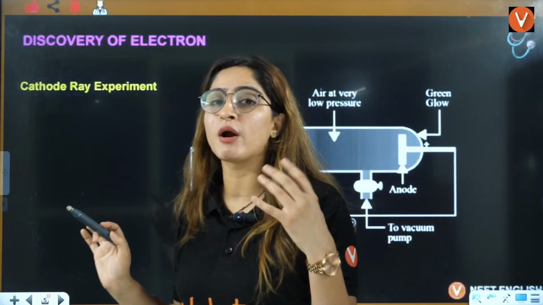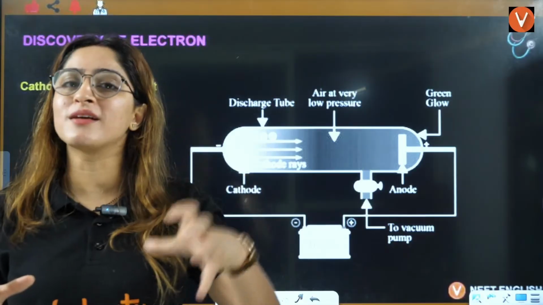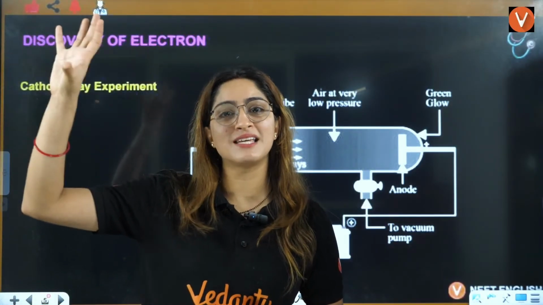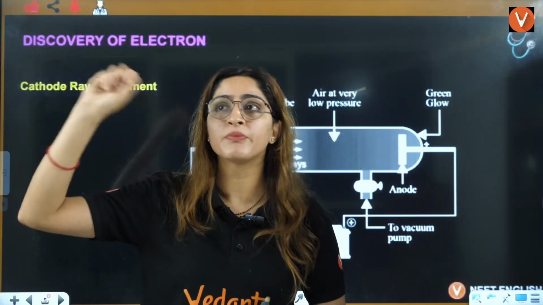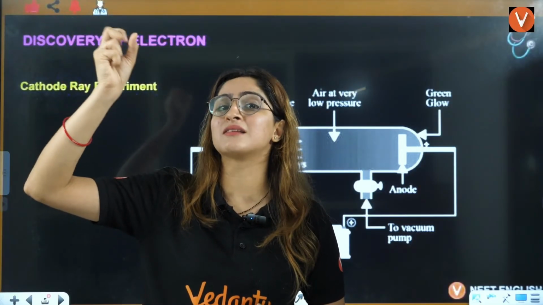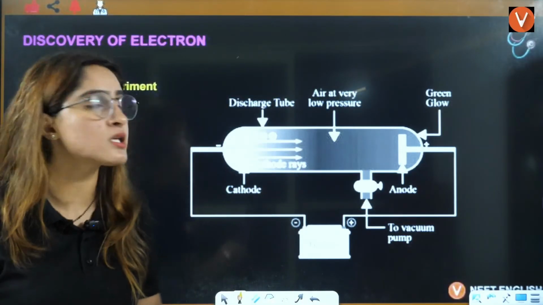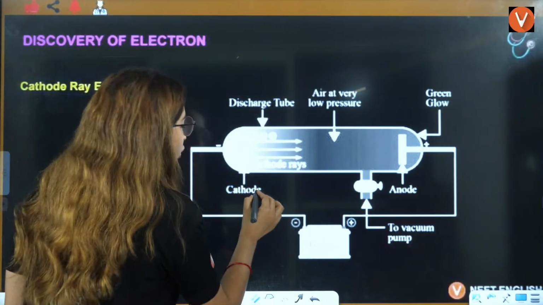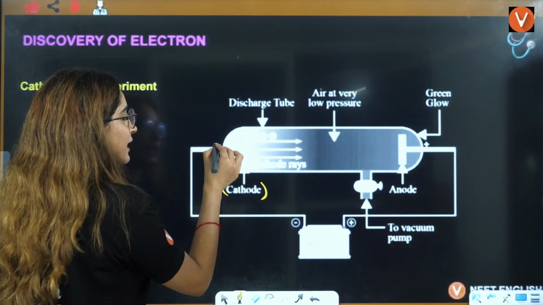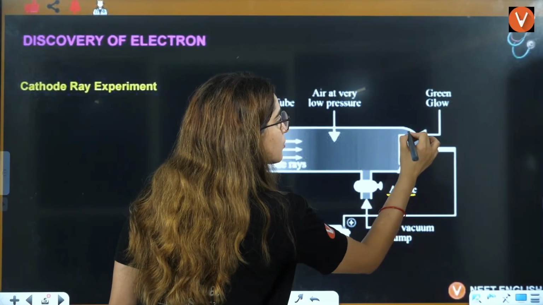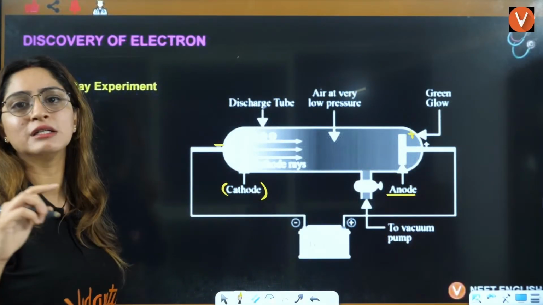For that, you need to understand what is this cathode, what is this anode. See, in an electrochemical cell, you will see something else, because there the anode is negative. But in these discharge tube experiments, they take the cathode as connected to the negative terminal and the anode connected to the positive terminal of the battery.